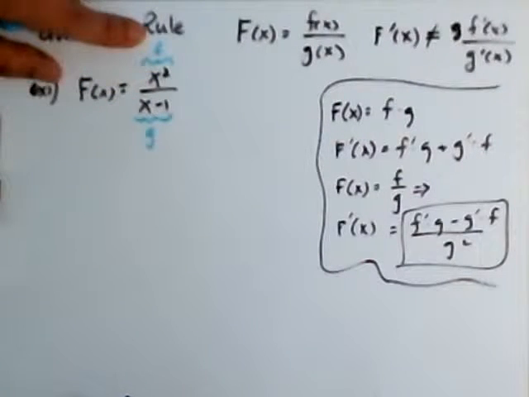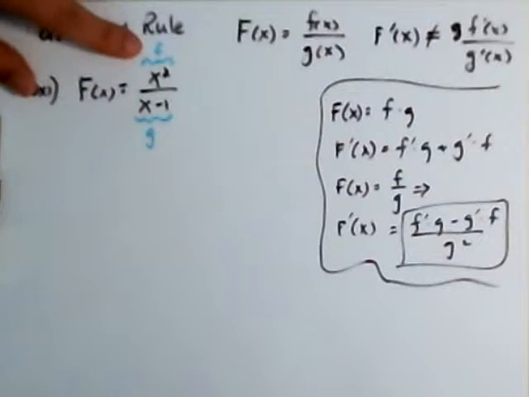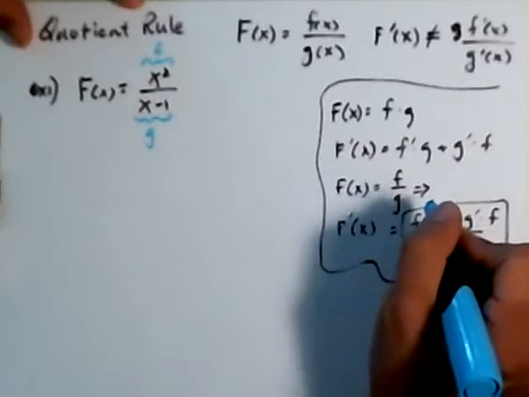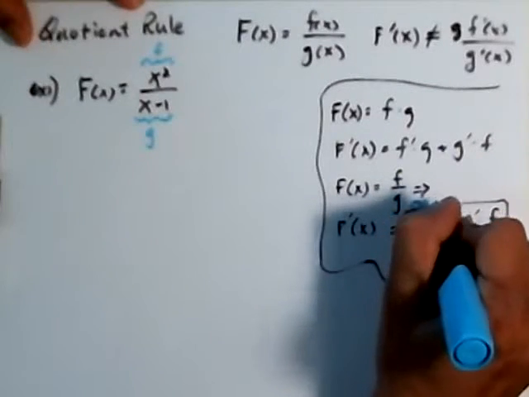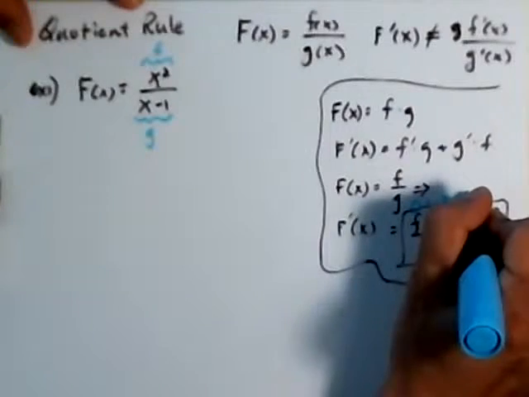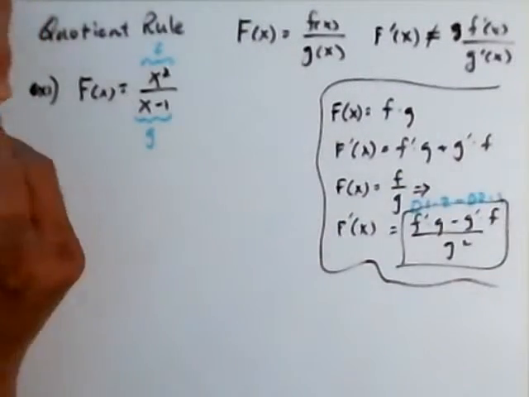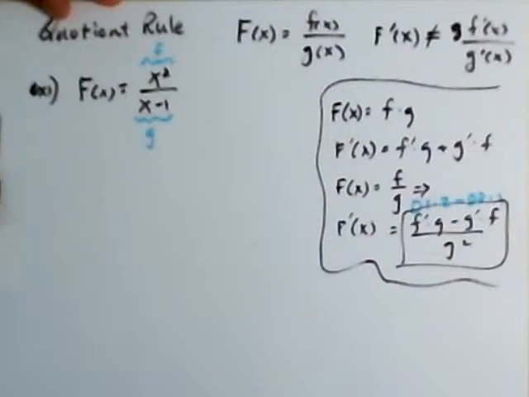F comes before g in the alphabet, so that's the top function, and that's the bottom function. Sometimes some teachers will say derivative of 1 times 2 minus the derivative of 2 times 1. There's lots of little ways that you can memorize this, but if you memorize it this way, the product rule, it's a lot easier for you to work out.